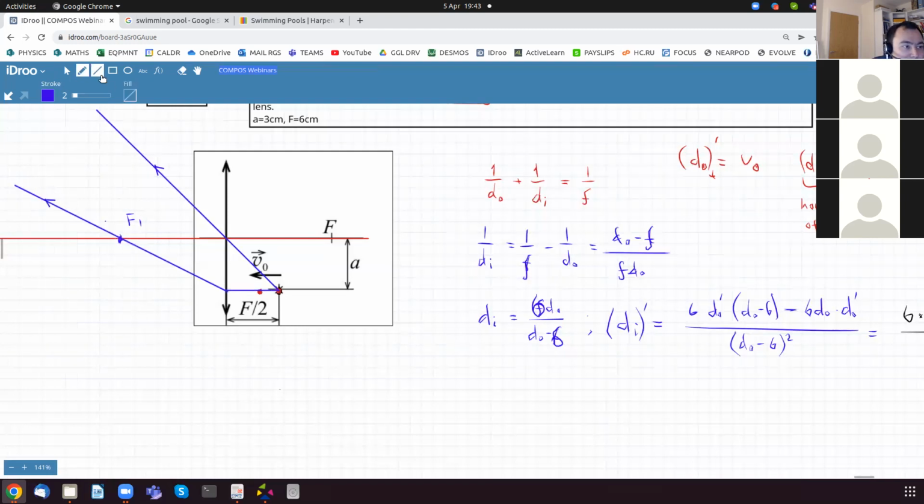So continuing these two rays, we can find the position of the image.